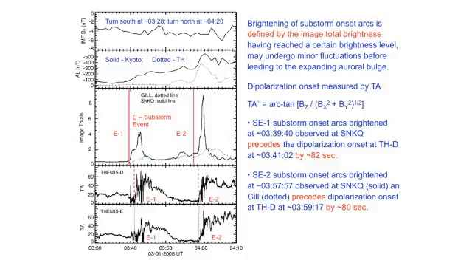Very important. The pseudo breakup was no problem. It went up straight. But the genuine dipolarization or substorm event has a little bit of a hesitation in the aurora brightening, although the magnetic field dipolarization was very straight up.